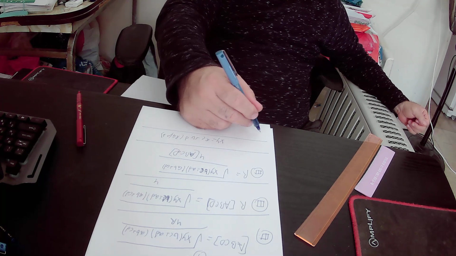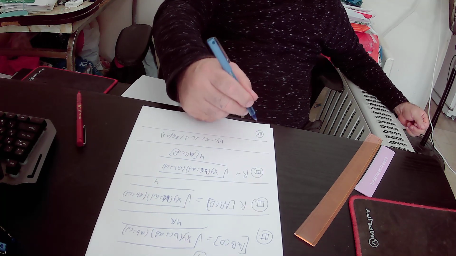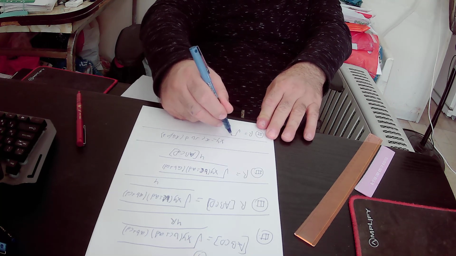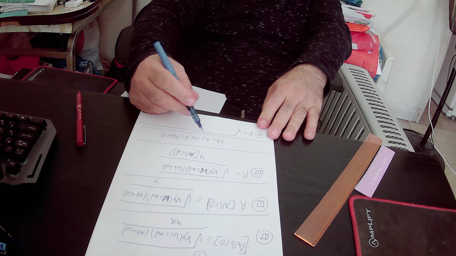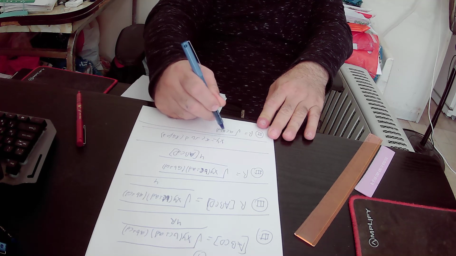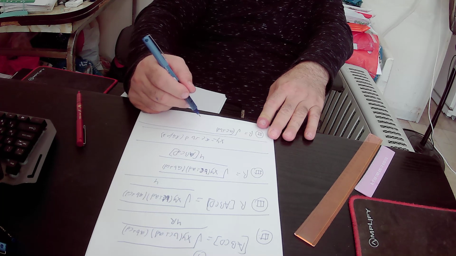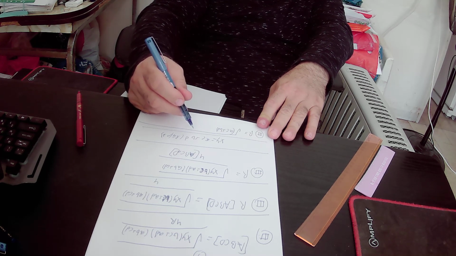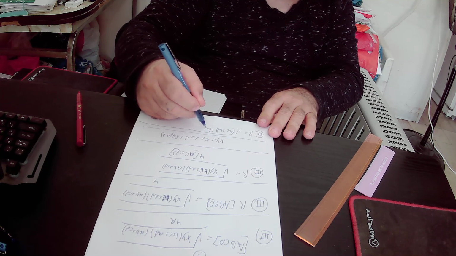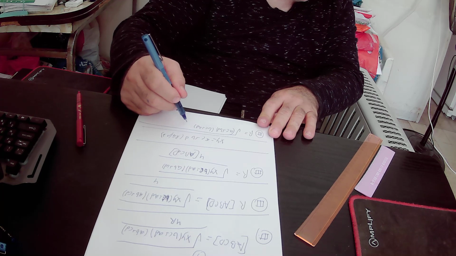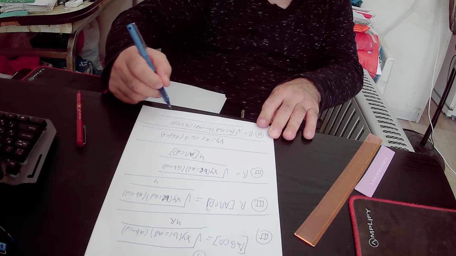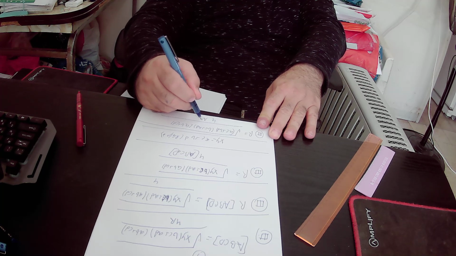So we get that the radius of the circle equals the root of, substituting xy by AC plus BD, and here we have BC plus AD and AB plus CD, all divided by 4 times the area of quadrilateral ABCD.